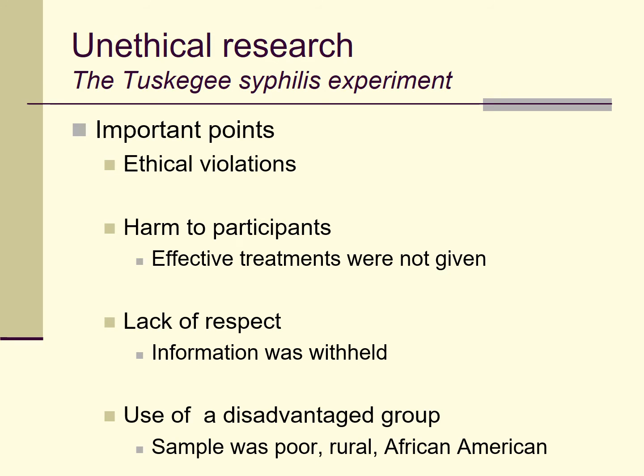And especially troubling, I think, about this example is the fact that it involved a historically and currently disadvantaged group. African American or black people have suffered a great deal historically in our country because of prejudice, because of economic disadvantage, limited access to education, racism, all sorts of really horrible things which have gone on historically and in many ways still go on today.